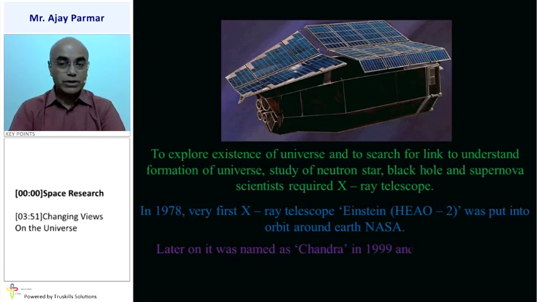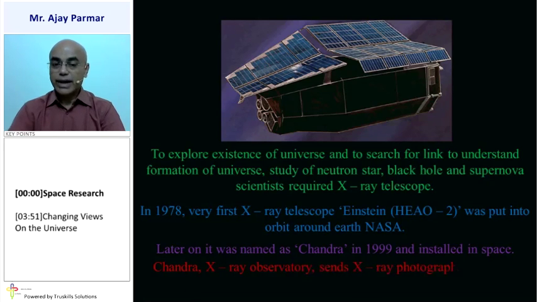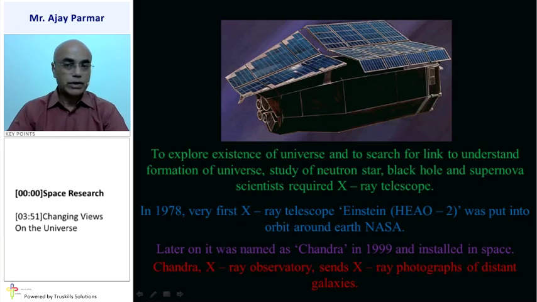Later on, a similar X-ray telescope called Chandra was installed in space in 1999. Chandra, the X-ray observatory, sends X-ray photographs of distant galaxies. Because of that, whatever present day knowledge we have of space is all thanks to these radio telescopes and also the X-ray telescopes.